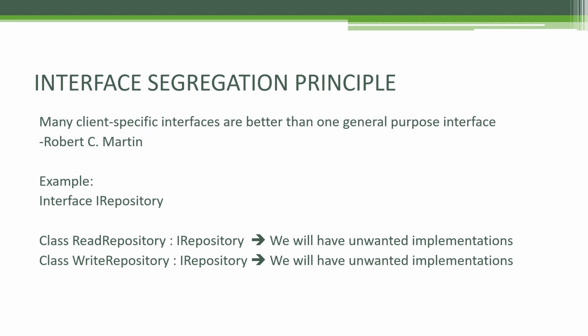To prevent this, we need to create our interfaces according to our client needs. So we won't have any unnecessary methods, so we don't have any exceptions. Alright guys, let's jump to the coding. You're going to understand better when I type in my codes.